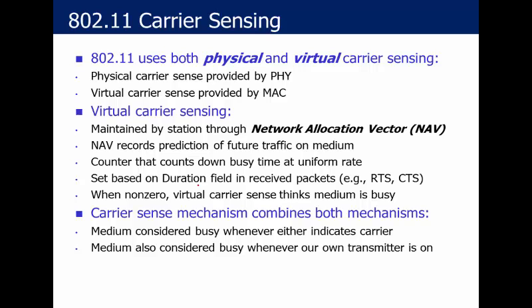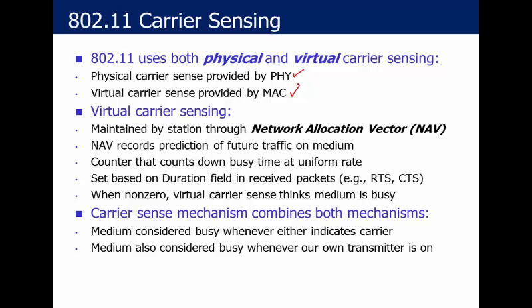802.11 has both physical and virtual carrier sensing. Physical carrier sense is provided by the physical layer, which is the lowest layer, and virtual carrier sense is provided by the MAC layer, which is layer 2 in the 7-layer OSI model.